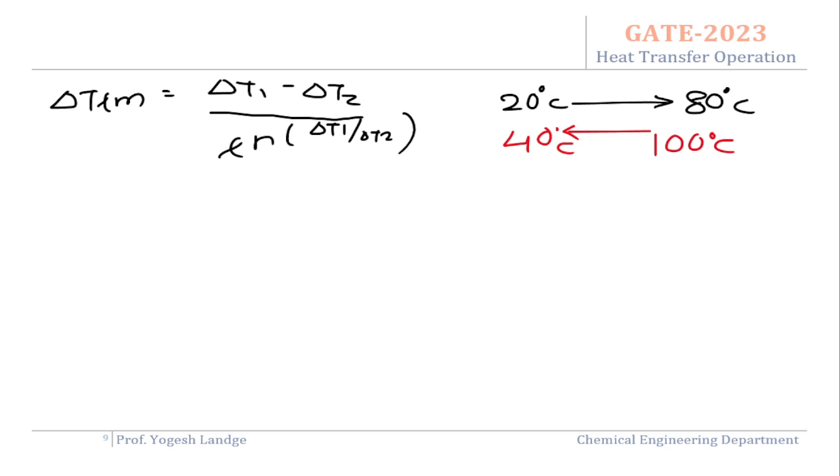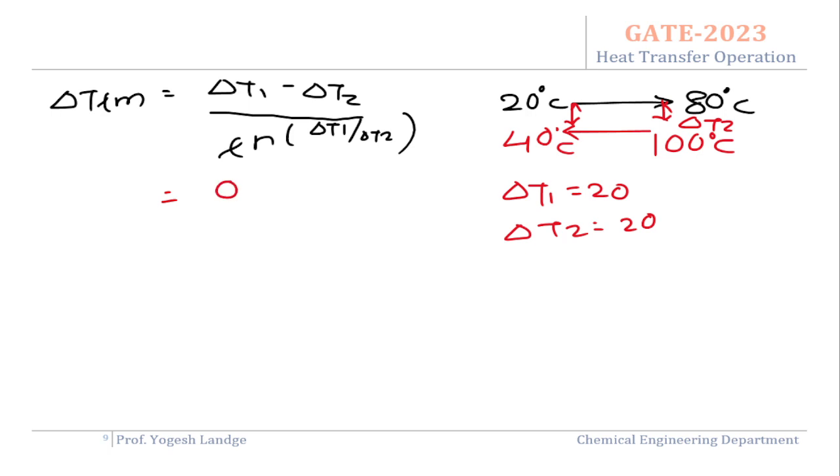Now if we see the difference between this one and this one, you will find it is the same, 40 minus 20. So delta T1 is 20. Similarly, if I calculate delta T2, then again I find it is 20. Now if I put these values of delta T1 and delta T2 here, then the value is 0.